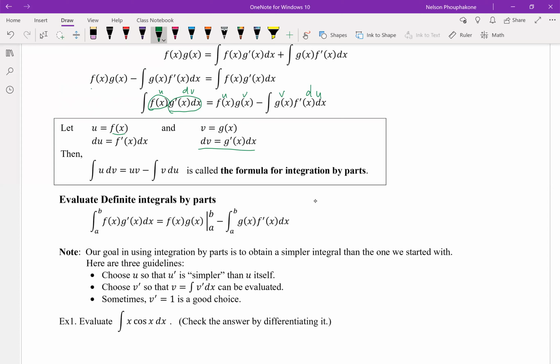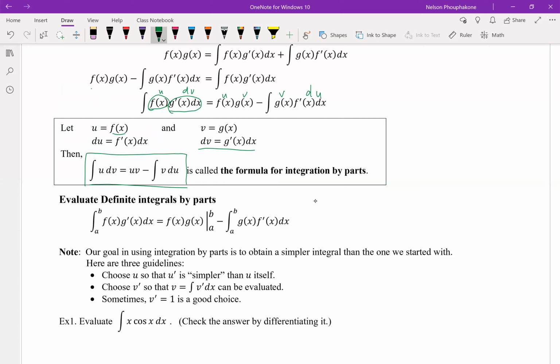This is exactly how we get to the integration by parts formula. Of course, if we want to work with the definite integral, we just take f of x times g of x evaluated between a and b, minus the integration from a to b of g of x f prime of x dx.